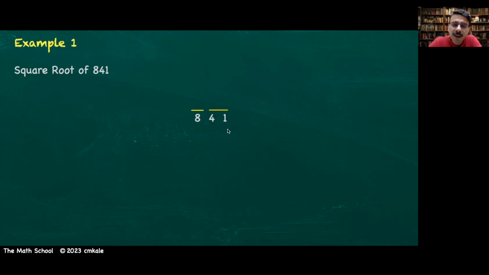What are the squares whose last digit ends in 1? 1 square is 1. So the possible solution of the square root could be a number ending with 1. Another option is 9 square is 81, right? So this could also be a number ending with 9. I mean the square root.